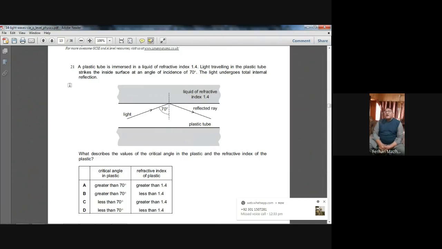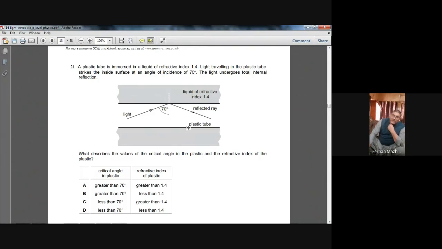Okay. This is a plastic tube. Most probably it's optical fiber. In the optical fiber, this inner core has higher refractive index as compared to the outer material.